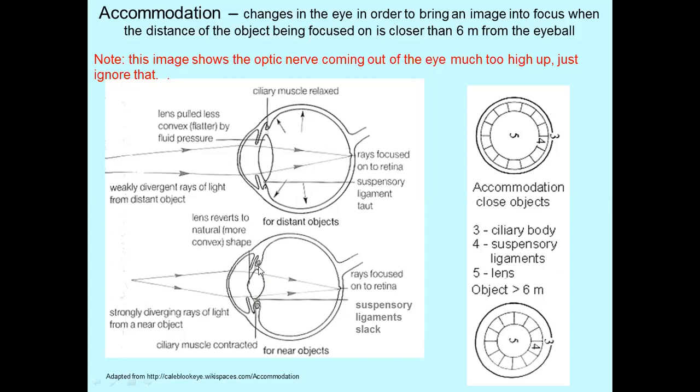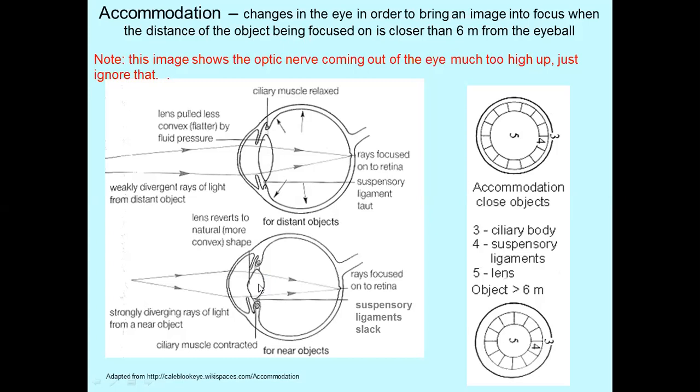It's only the lens that is able to increase refraction or decrease refraction. So for nearby objects, circular ciliary muscles contract, radial ciliary muscles relax, ciliary body moves in and forwards, suspensory ligaments become slack, less tension on the periphery of the lens, therefore the lens becomes more biconvex.